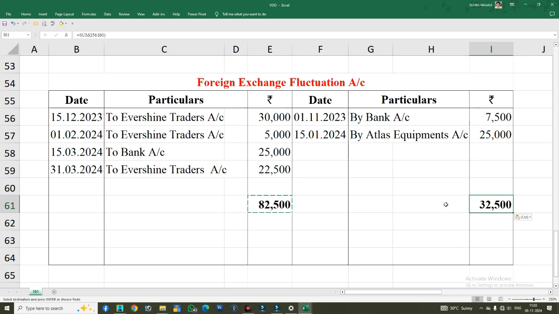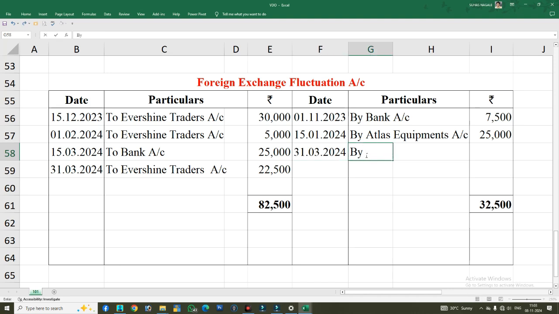Credit side total 32,500 and debit side total 82,500. It means the balancing figure comes to the credit side. This is the closing amount. Write date 31st March 2024.